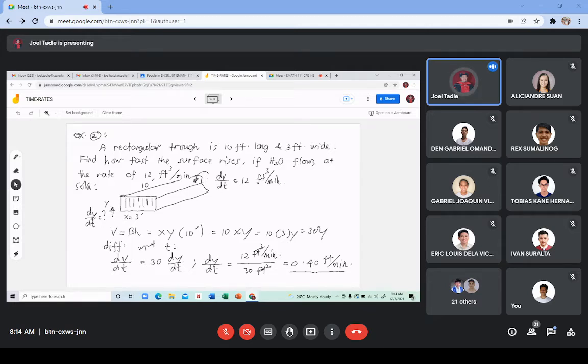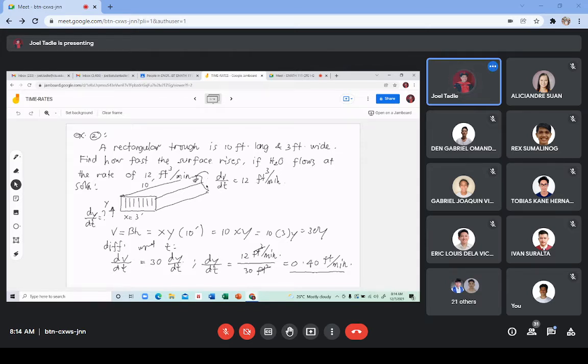That is our rate of rising of the water, dh over dt. This is similar to number 1, but our form here is a rectangular parallelepiped. Earlier it was a cylinder; now our container is a rectangular parallelepiped. So we are still looking for the rate of rising of the water: how fast the surface rises if water flows at the rate of 12 cubic feet per minute.